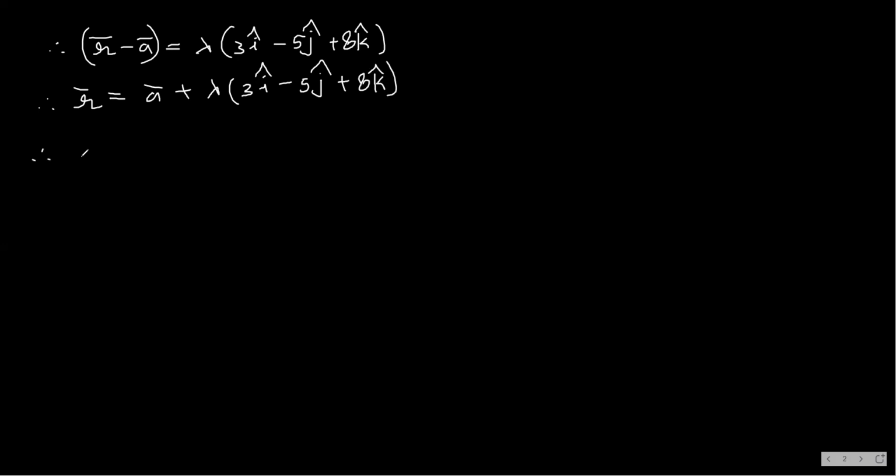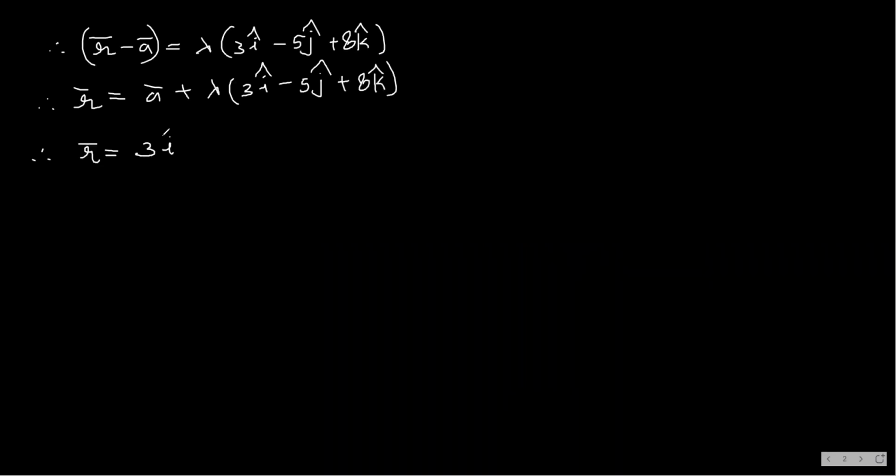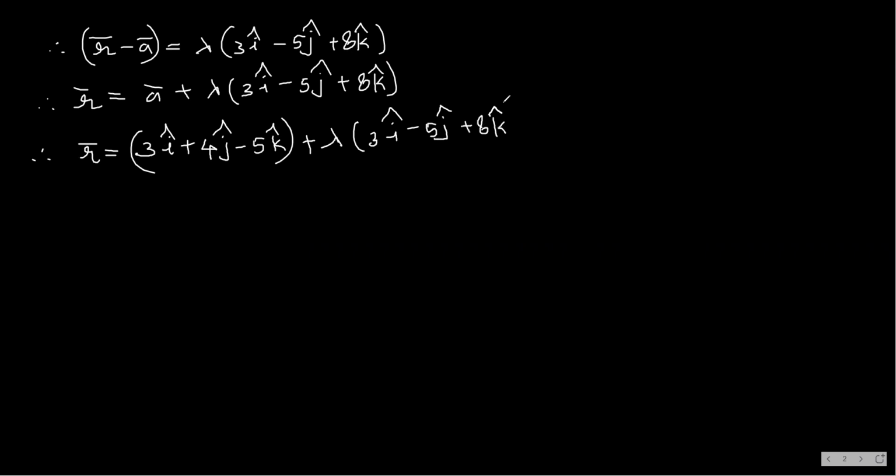So you have, therefore, R bar equals A bar. What is A bar? A bar is this: 3, 4, minus 5, that is 3 I cap plus 4 J cap minus 5 K cap. This is A bar plus lambda times (3 I cap minus 5 J cap plus 8 K cap).